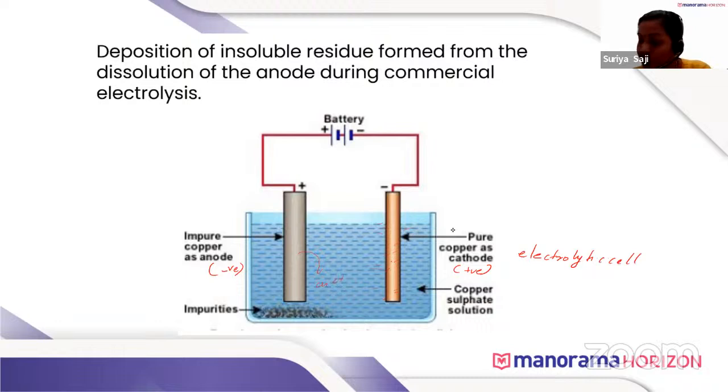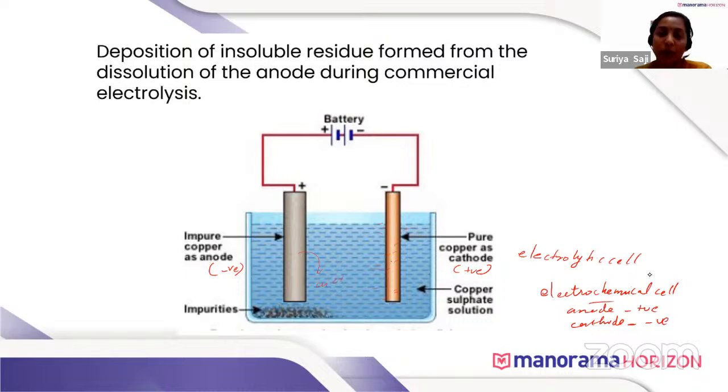For electrochemical cells, galvanic cells, this is reverse. The anode is the positive electrode, and the cathode is the negative electrode.